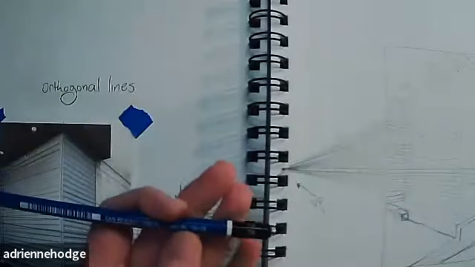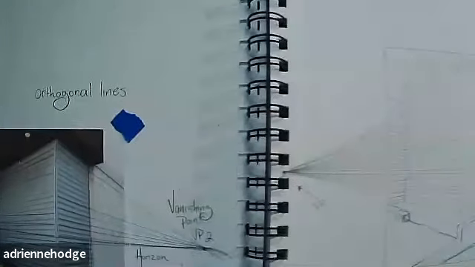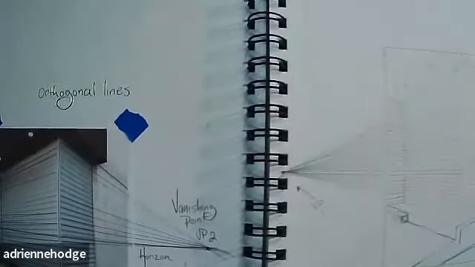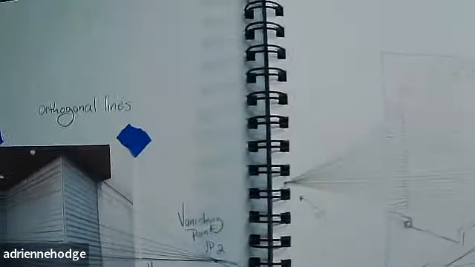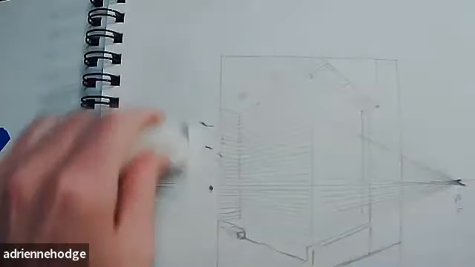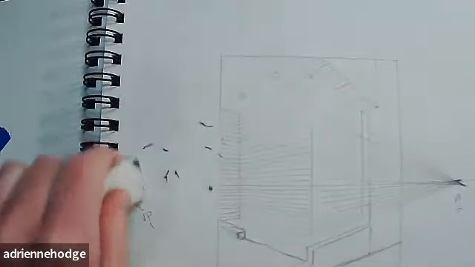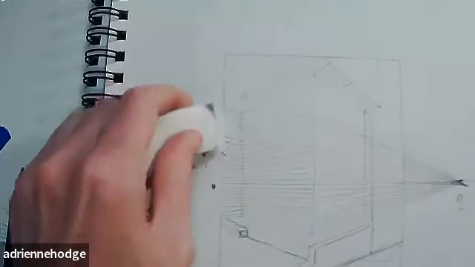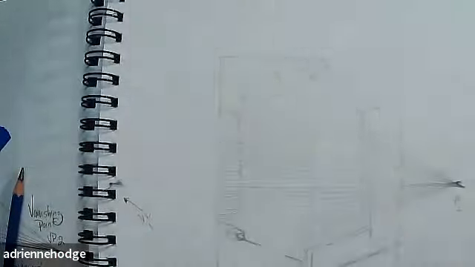So I'm just going to take a heavier B pencil here, and I'm going to look at the value that I see in this photograph. If you want to do this, you can also do this. I'm going to take my eraser and erase my orthogonal lines in my drawing that I don't need anymore.